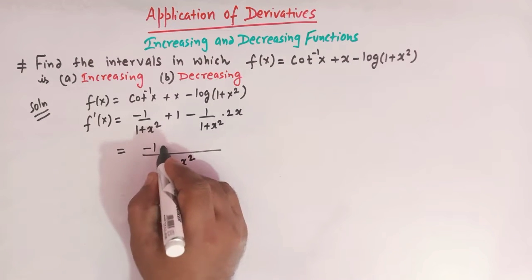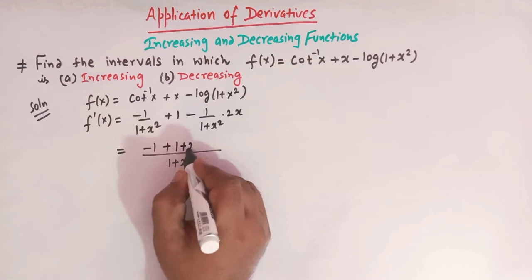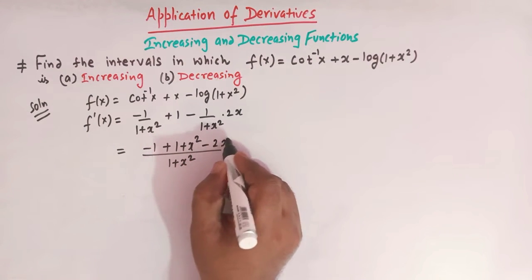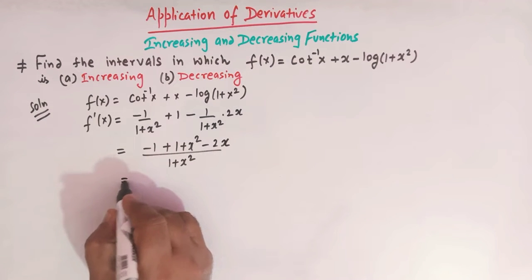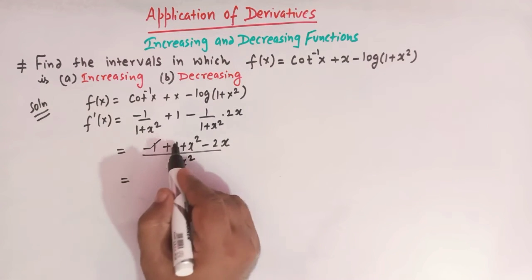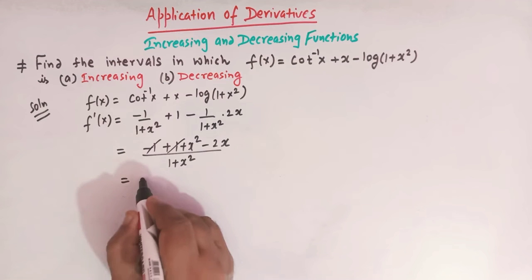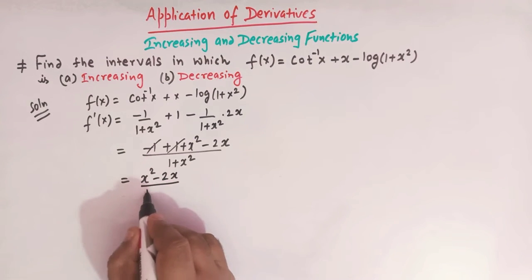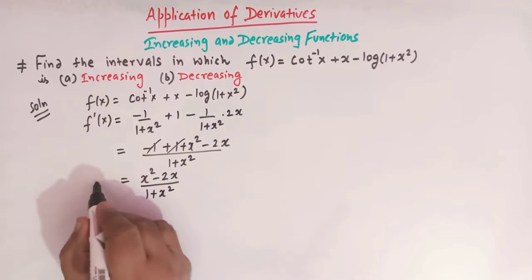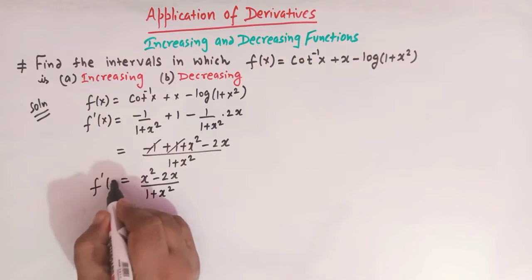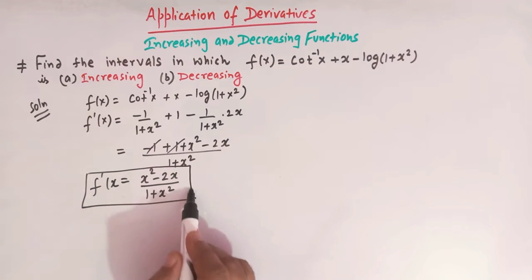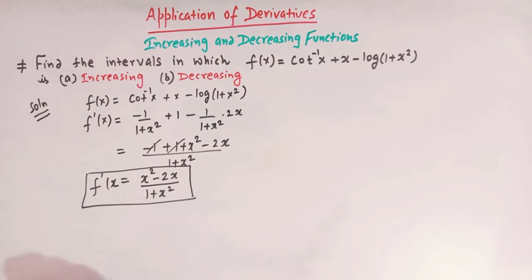We have minus 1, then 1 plus x square, and then minus 2x. Here minus 1 and 1 get cancelled, and we are left with x square minus 2x divided by 1 plus x square. So the derivative is equal to x square minus 2x over 1 plus x square.